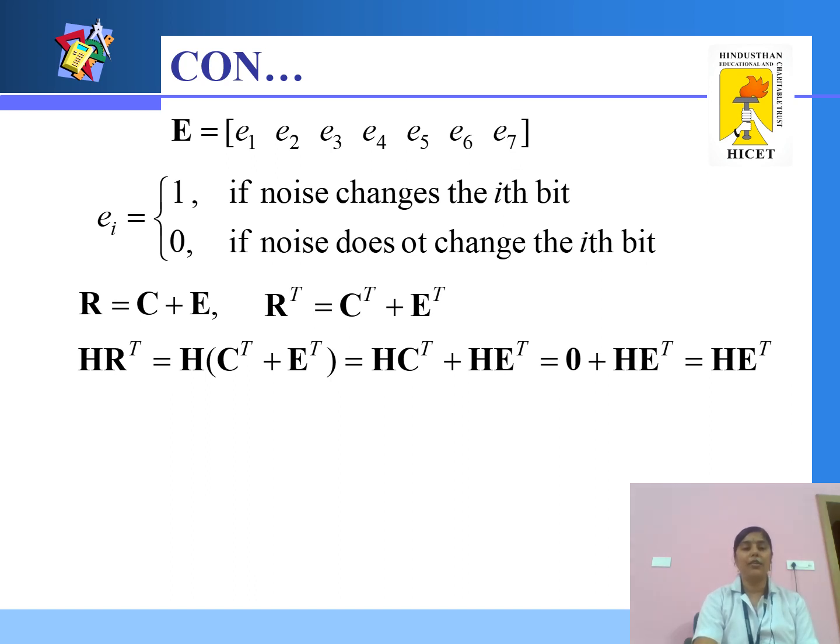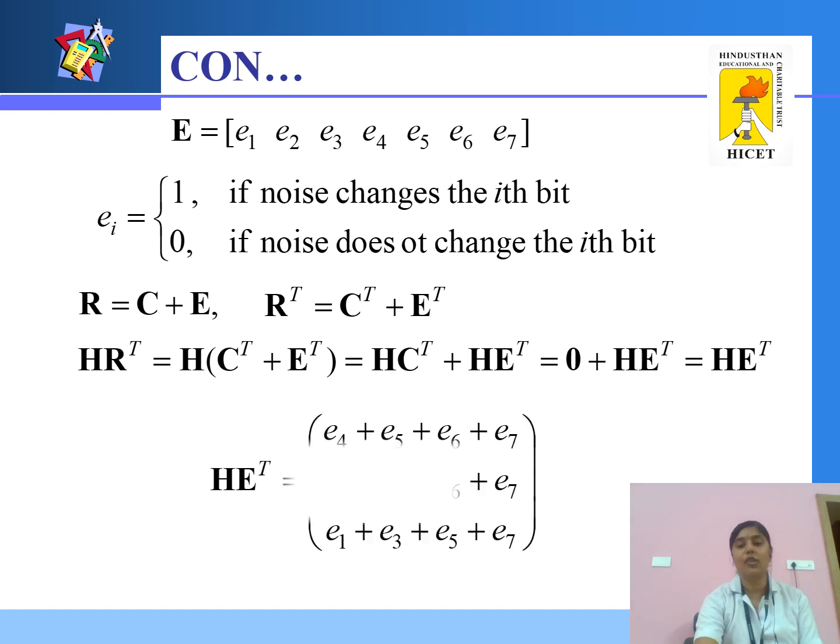Therefore, H into R transpose equals H into C transpose plus E transpose, which is equal to HC transpose plus HE transpose, which is equal to 0 plus HE transpose, that is HE transpose. Therefore, HE transpose is equal to E4 plus E5 plus E6 plus E7, the next row E2 plus E3 plus E6 plus E7, and the next E1 plus E3 plus E5 plus E7.